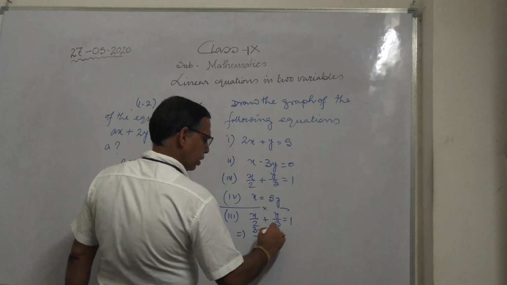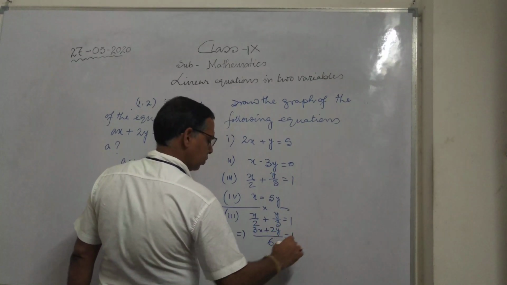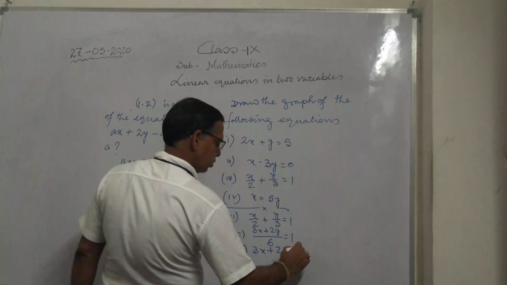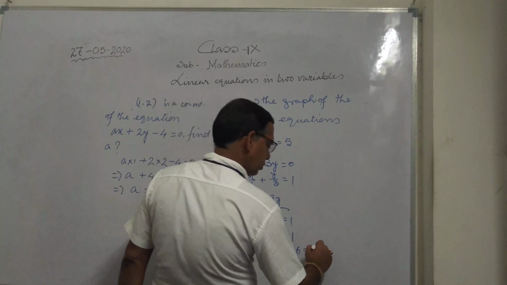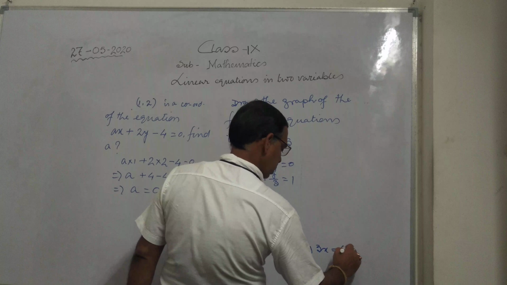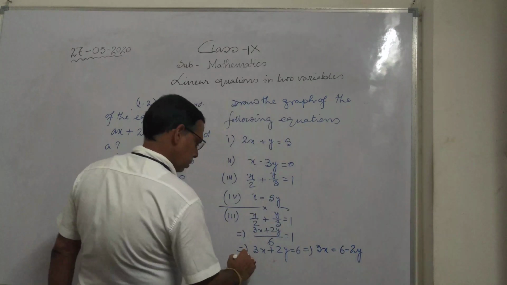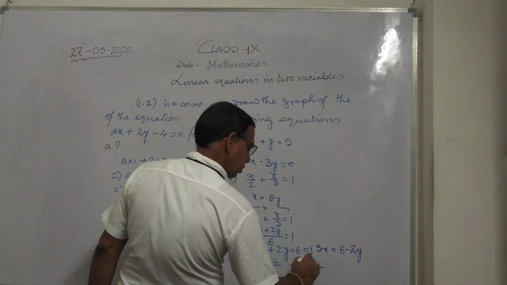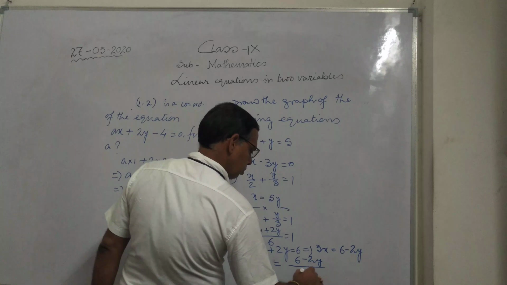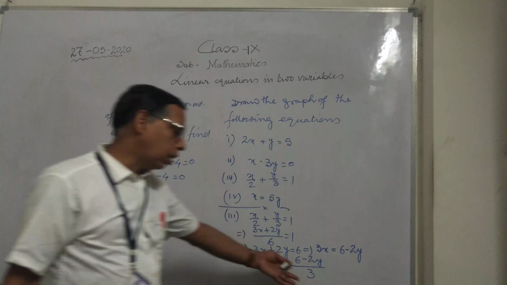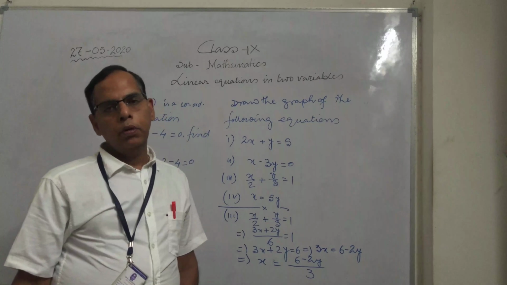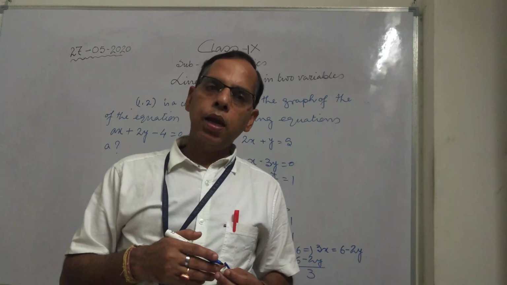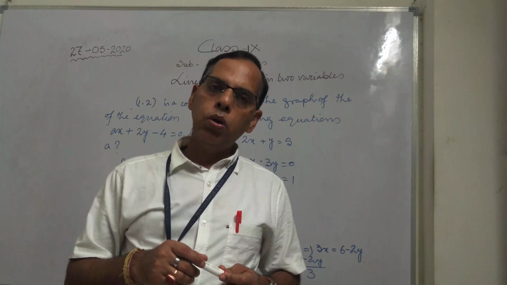Thrice x plus twice y by 6 equal to 1 implies thrice x plus twice y equal to 6 implies thrice x equal to 6 minus twice y implies x equal to 6 minus twice y by 3. Now you take out the coordinates and plot them on the graph. And I already told you how to choose the scale while you plot the coordinates of the points.